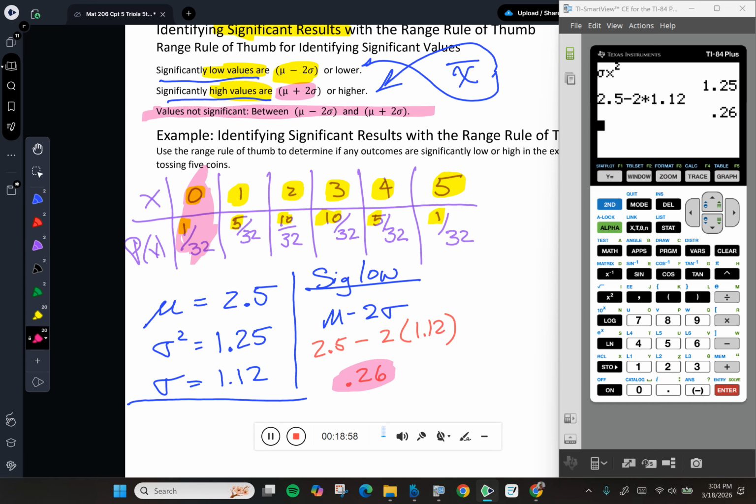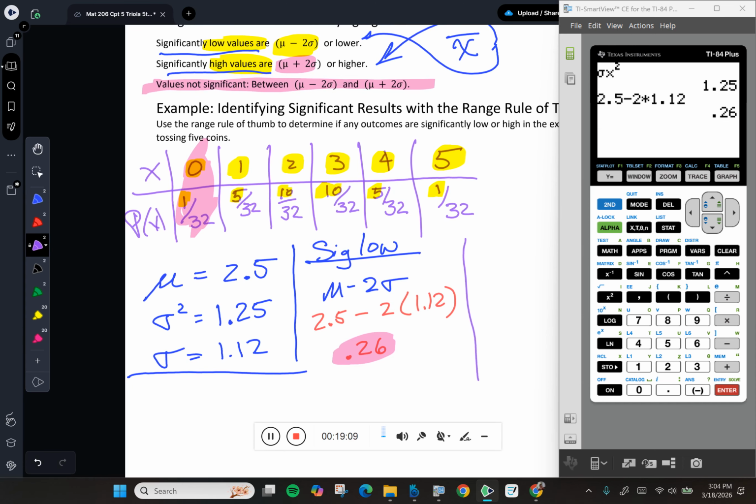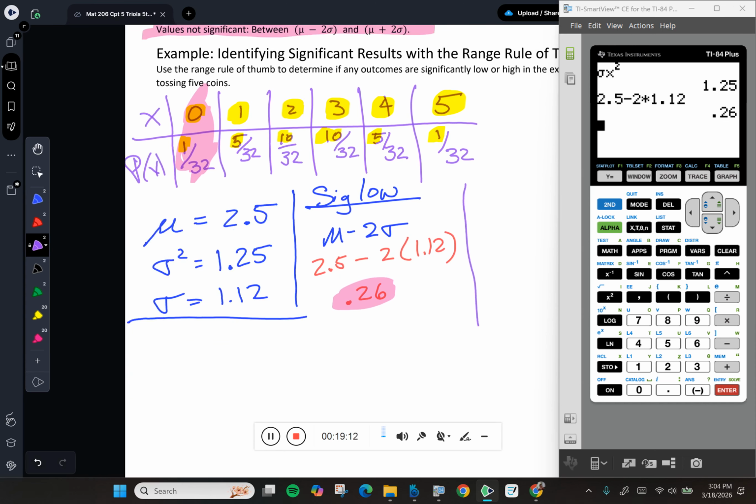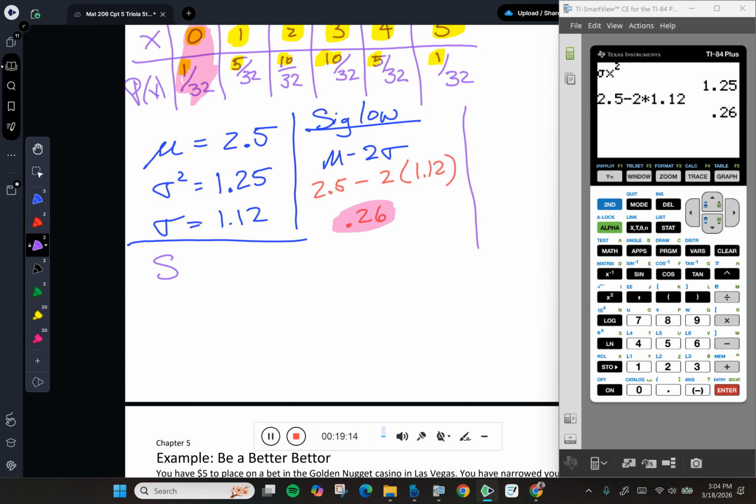That's significantly low. It shouldn't happen. Well, let me rephrase that. Not that it shouldn't happen, but it should be rare enough that I should wonder why it happened or how it happened. Right? Let's look at significantly high. Significantly high is going to be any value above the mean plus 2 times the standard deviation, so that's going to be 2.5 plus 2 times 1.12.